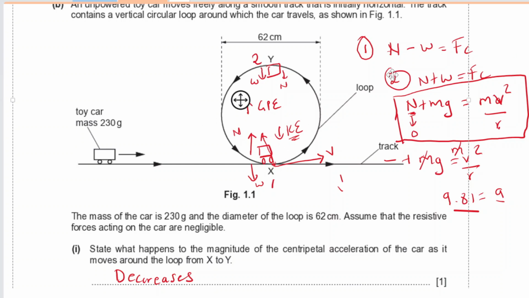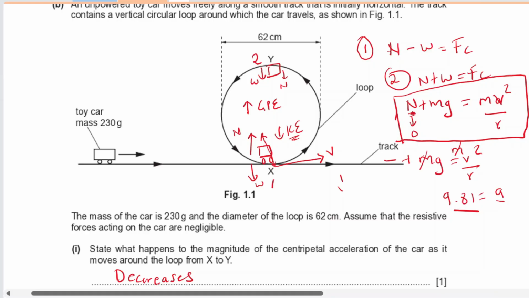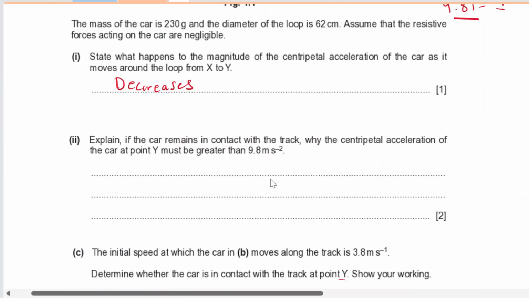And the absolute minimum, right before it tips off, this one is 9.81. But if you want to keep it moving in this circle over here, it has to be more than 9.81. There has to be some sort of normal contact force which is helping it be in contact with the loop. Okay, so that's why it has to be more than 9.8.